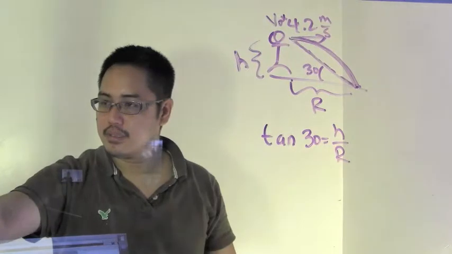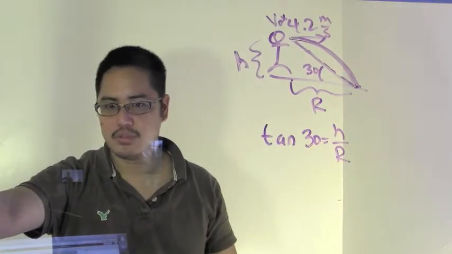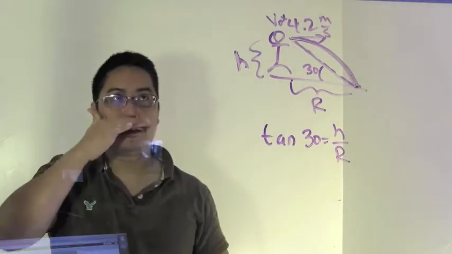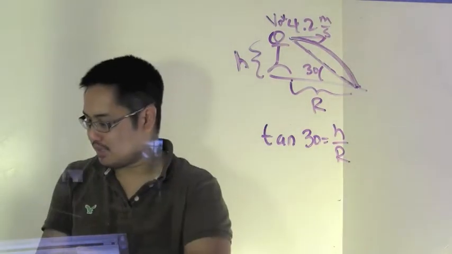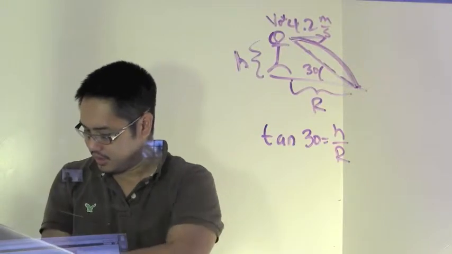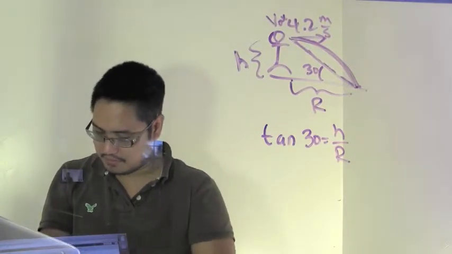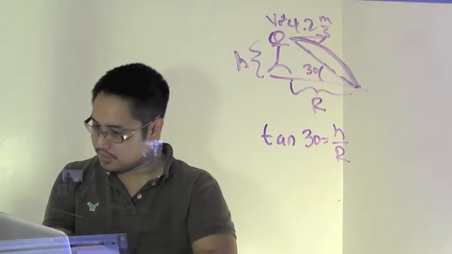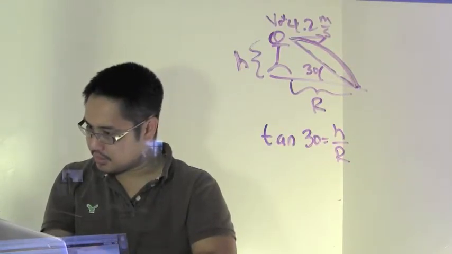Isn't it 0.577? Okay, 0.57. All right. Wait, I used to know it. I don't know why I can't think of it in terms of roots or whatever. I don't like dealing with degrees.